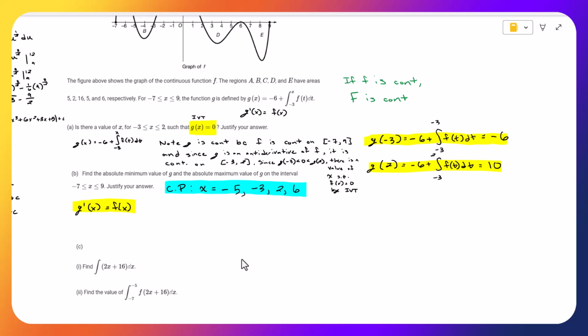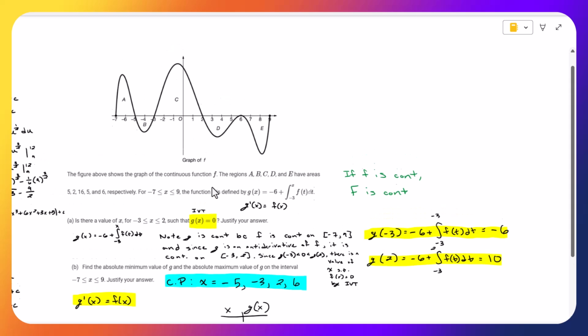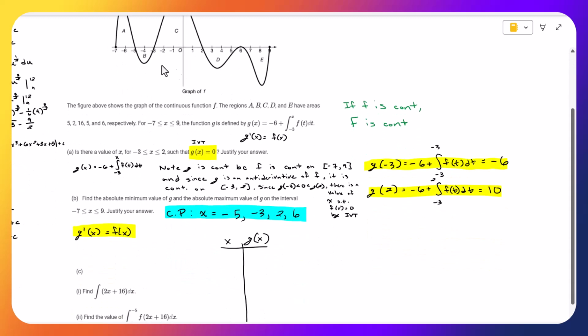This is going to be our justification, this sort of table right here. And we don't need to only consider our critical points. We also need to consider our endpoints. So we're looking at -7, -5, -3, 2, and 9.